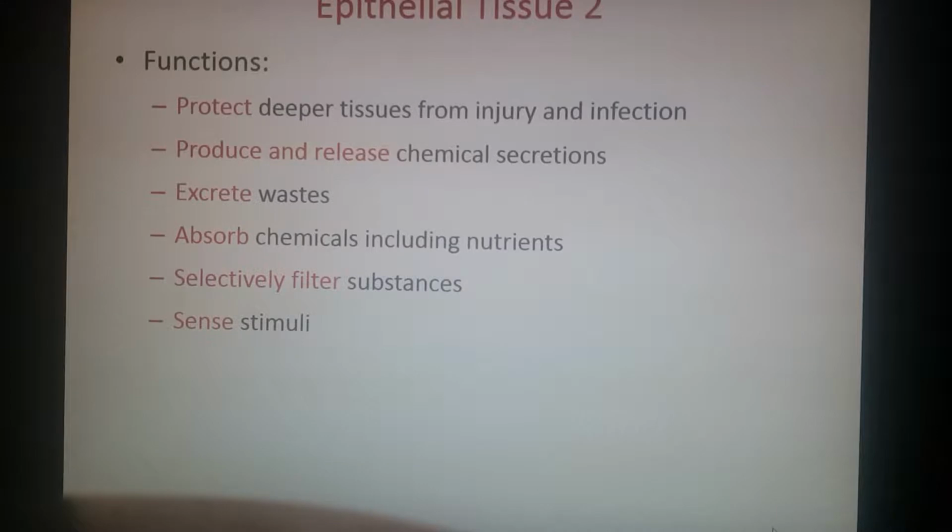Selectively filter out substances, so a lot of our epithelial tissues are thin and one layer, and things are able to absorb through that epithelial tissue. And then lastly, able to sense stimuli, particularly the epithelial tissue that makes up the skin.